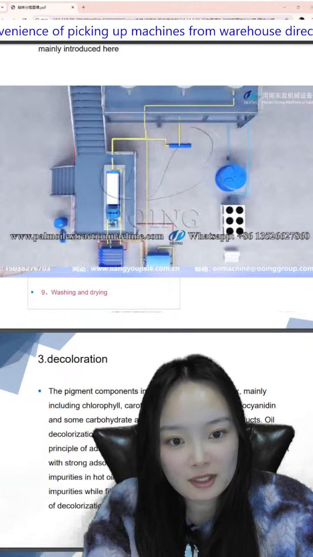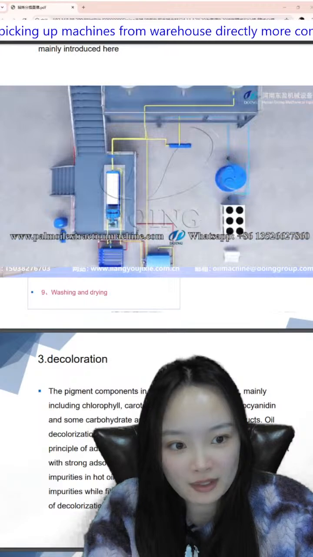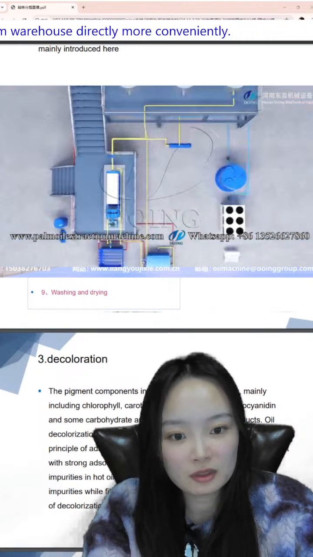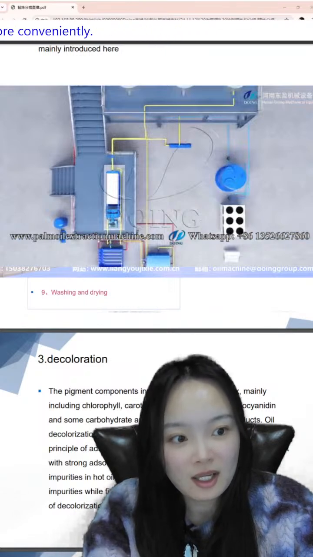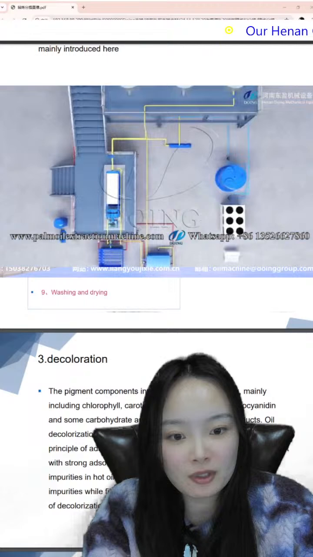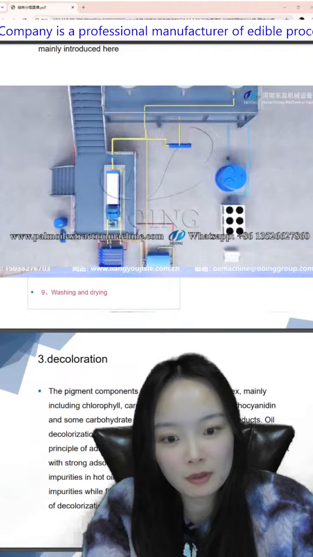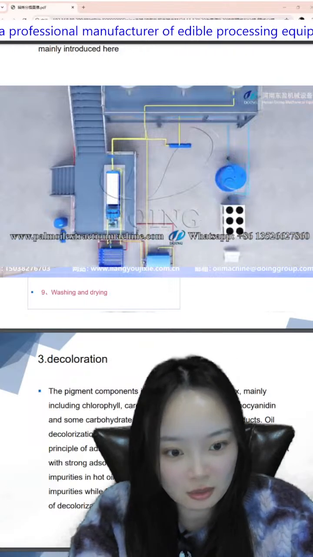Oil decolorization is commonly done by adsorption decolorization. The principle of the adsorption decolorization method is to use an absorbent with strong adsorption power to absorb pigments and other impurities in hot oil, and to remove the absorbed pigments and impurities while filtering the absorbent, so as to achieve the purpose of decolorization and purification.